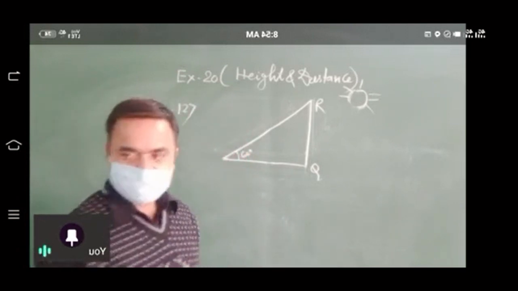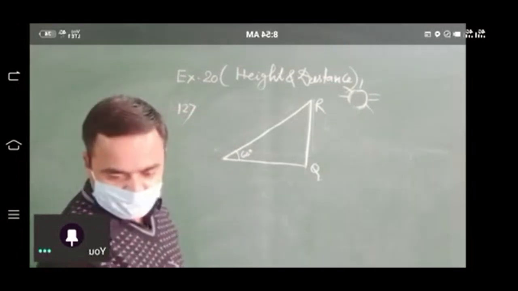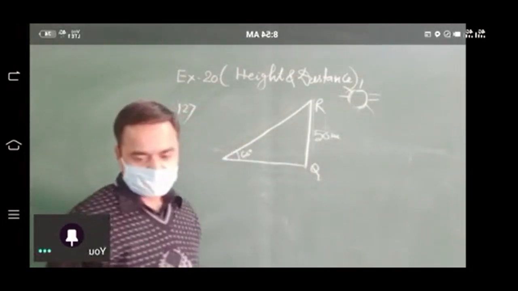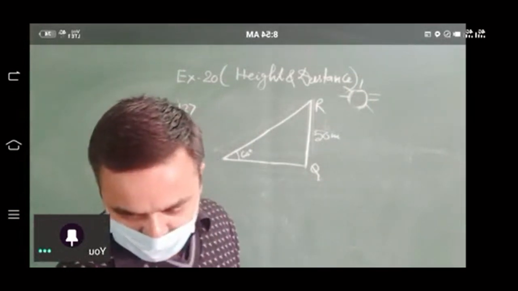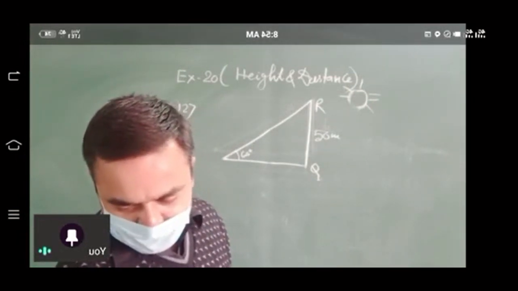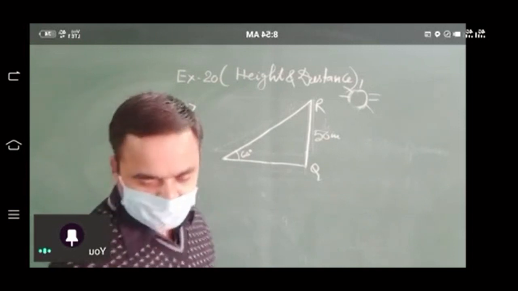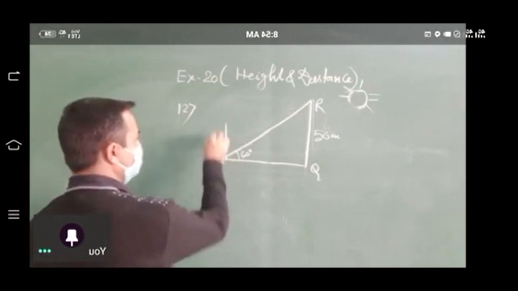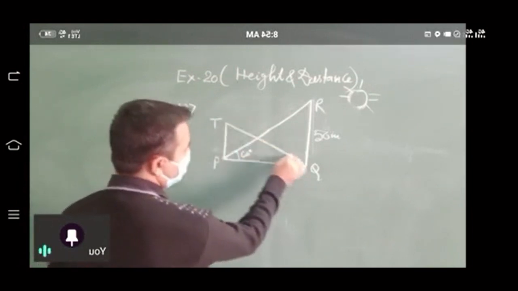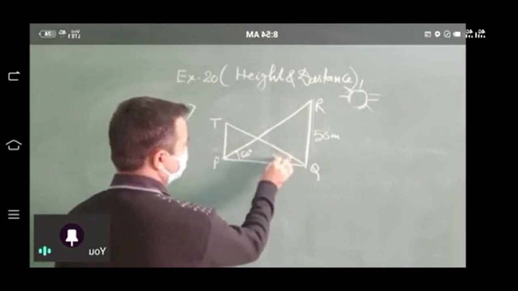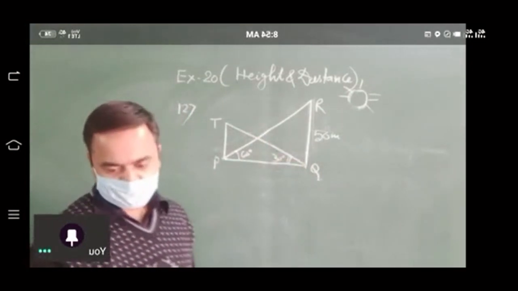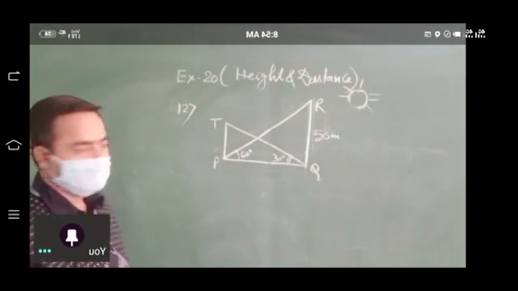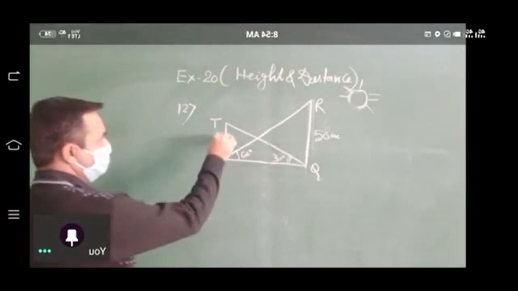And that of the tower PT from a point Q is 30 degree. The question is: find the height of the second tower PT, correct up to decimal.